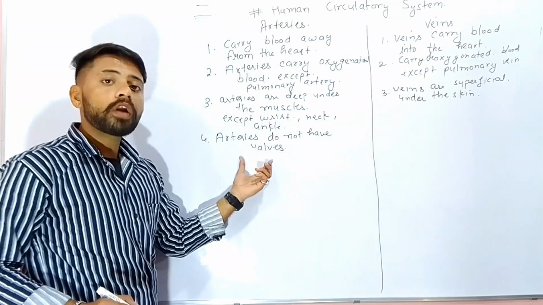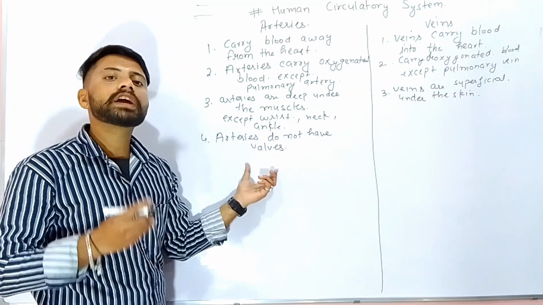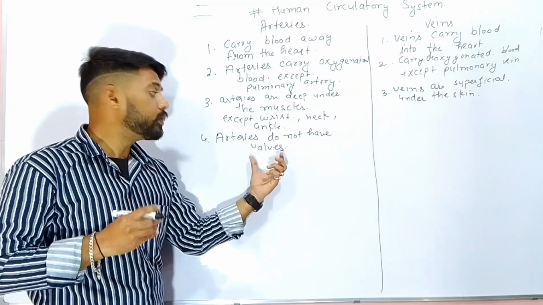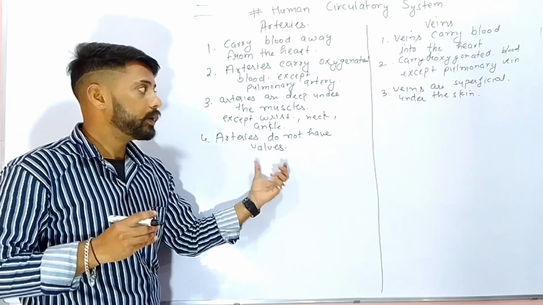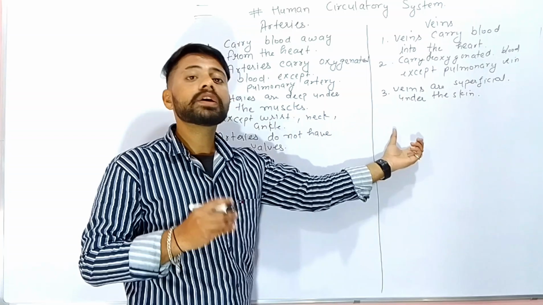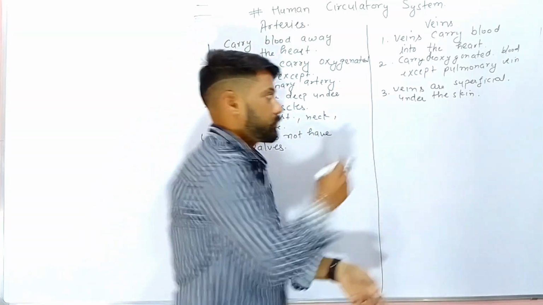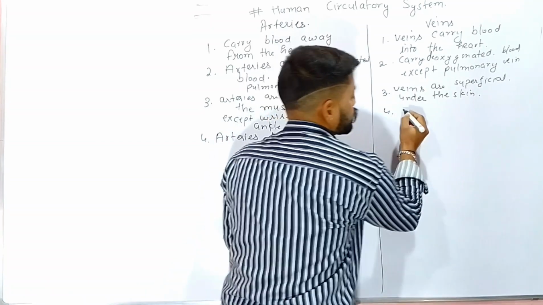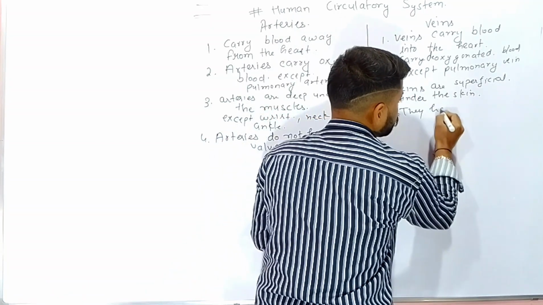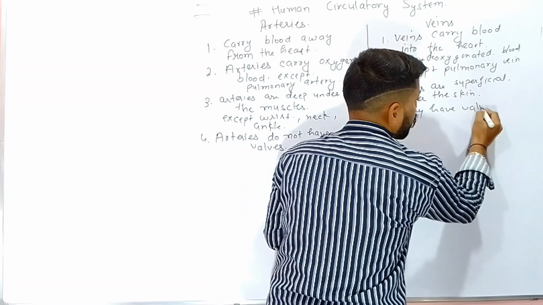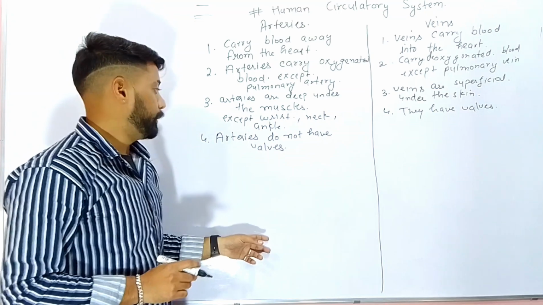The function of valves is to prevent the backflow of blood, or we can say it promotes the unidirectional flow of blood from the heart, whereas in case of veins they have plenty of valves which prevent the backflow of the blood.